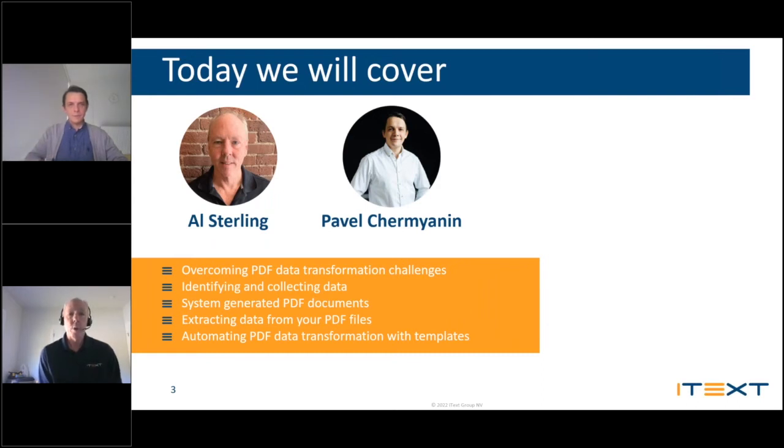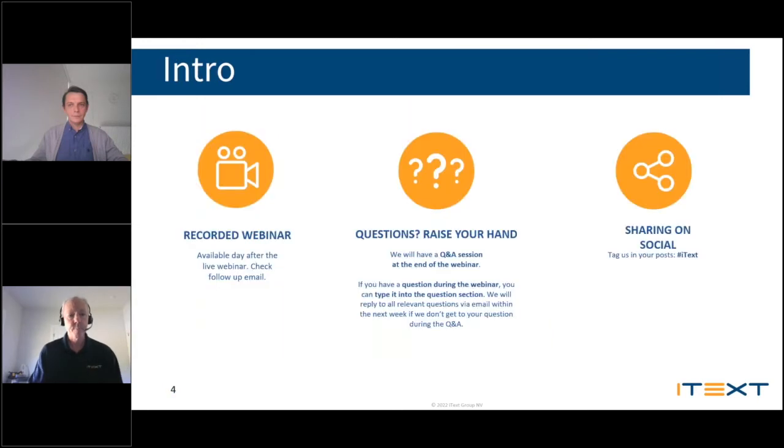We'll go through how to deal with PDFs that have been generated by systems through programmatic concerns, which are most of them, if you will. Most of this will be focusing on identifying and extracting data from PDFs. And we'll talk about, here's the nice thing, about doing all this without having to code or be a developer. That's what this is all about today.